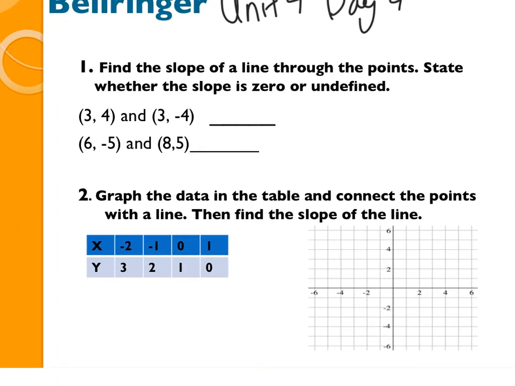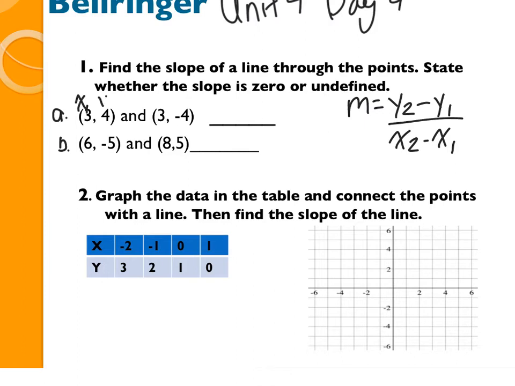So I'm just going to label these A and B. Remember, to find the slope of 2 points, you do m equals y2 minus y1 over x2 minus x1. So I'm going to label my points for A, x1, y1, x2, y2.